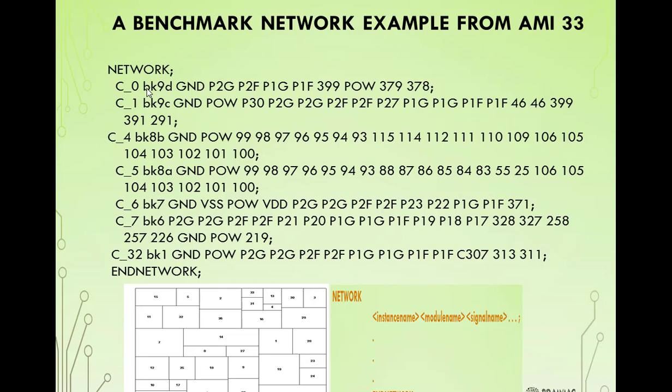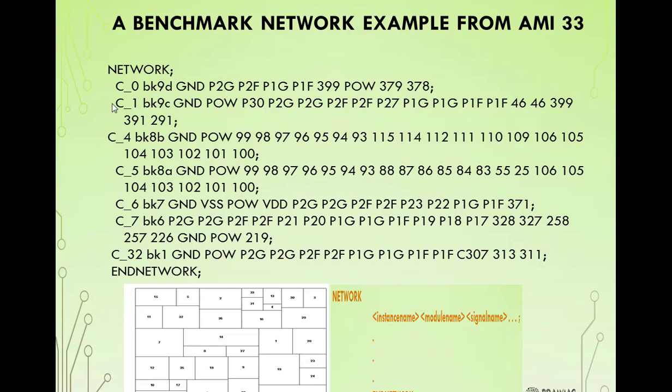And again for the 33 modules in the AMI 33 benchmark, 33 different instance names are given and the various signals are given. Let us take this example, C underscore 1. This is the P2G signal and this is the P2G signal. That means this is the first, second. This is the second terminal and this is 1, 2, 3, 4.